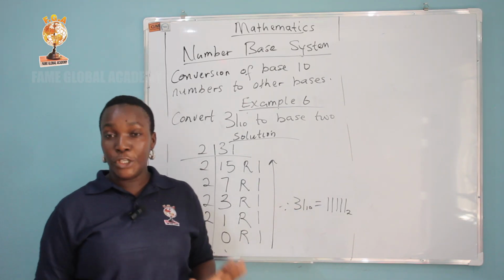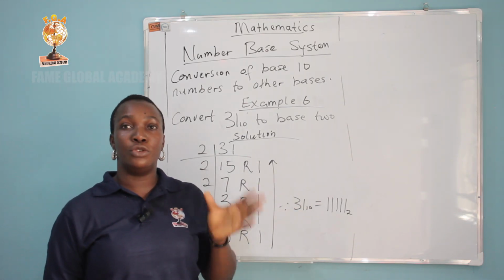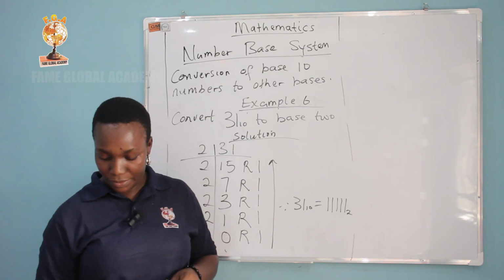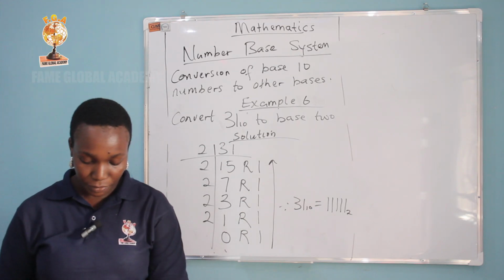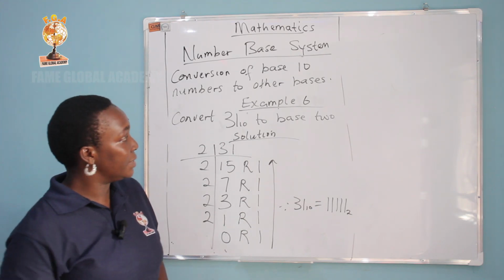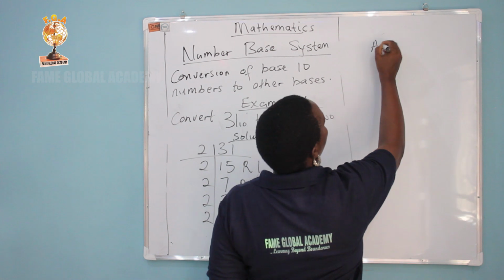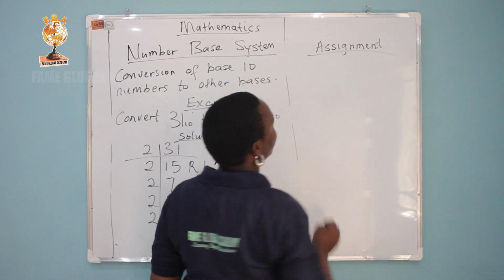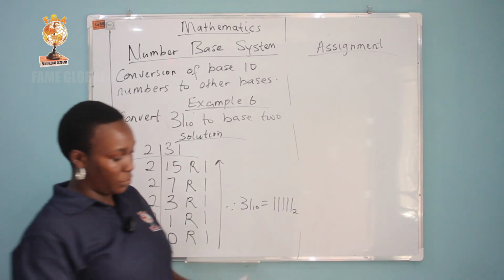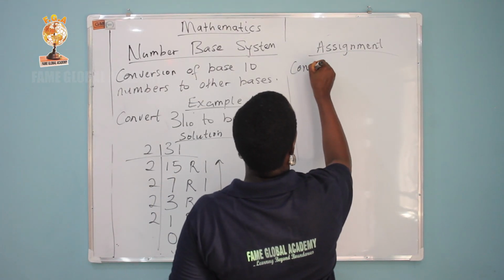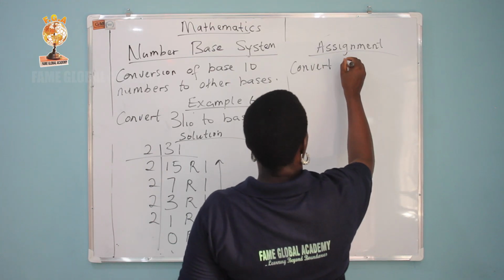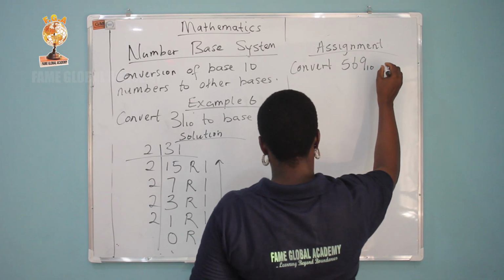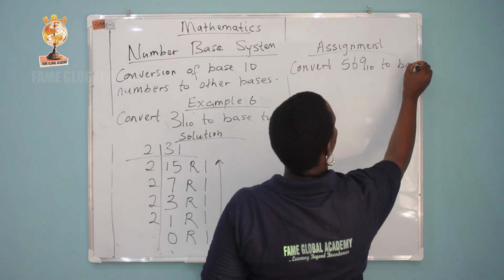So we're going to give you assignments. We're going to do the assignment and submit it in the comment section. So our assignment says: convert 569 base 10 to base 8.